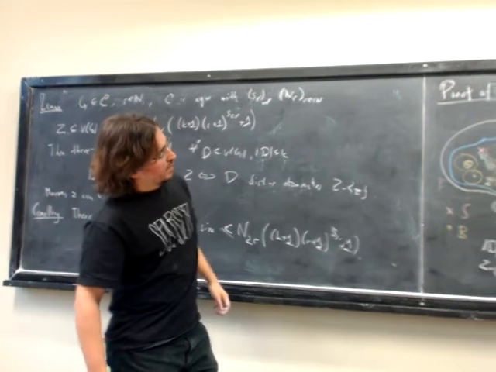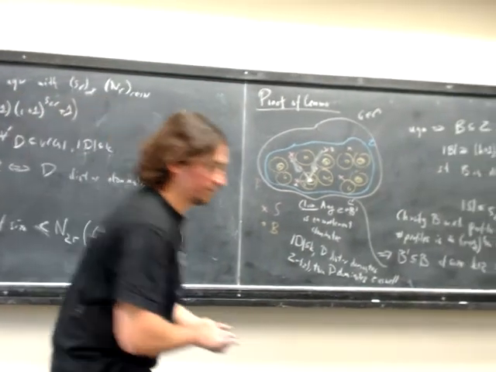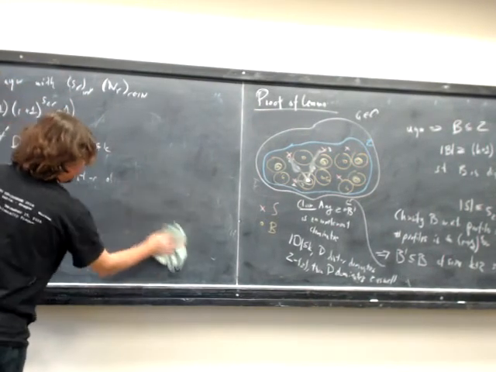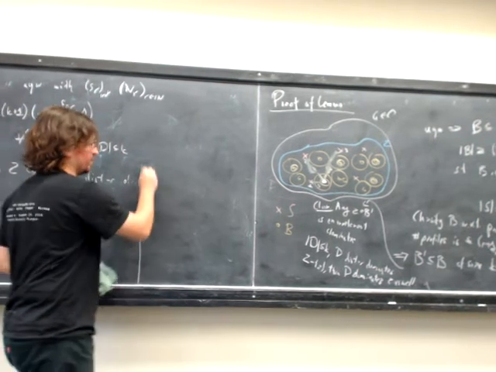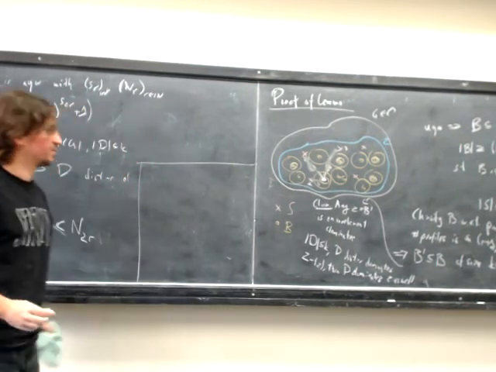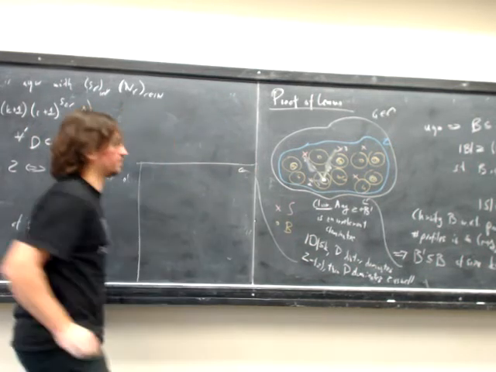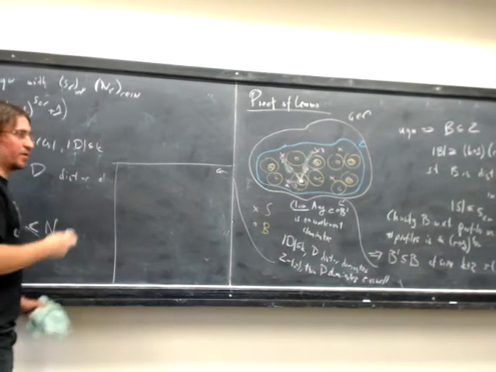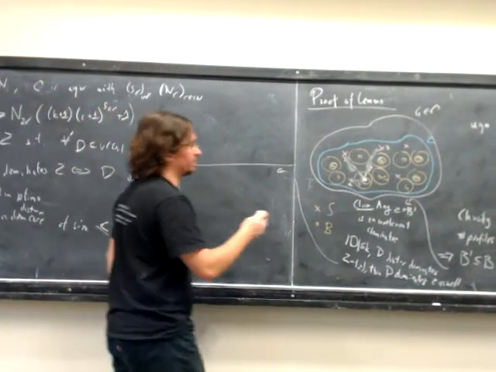Good. So where should I do this? I think perhaps I will just squeeze the rest of the proof in this rectangle. Okay, so suppose that there is such a D. So how does D look like?